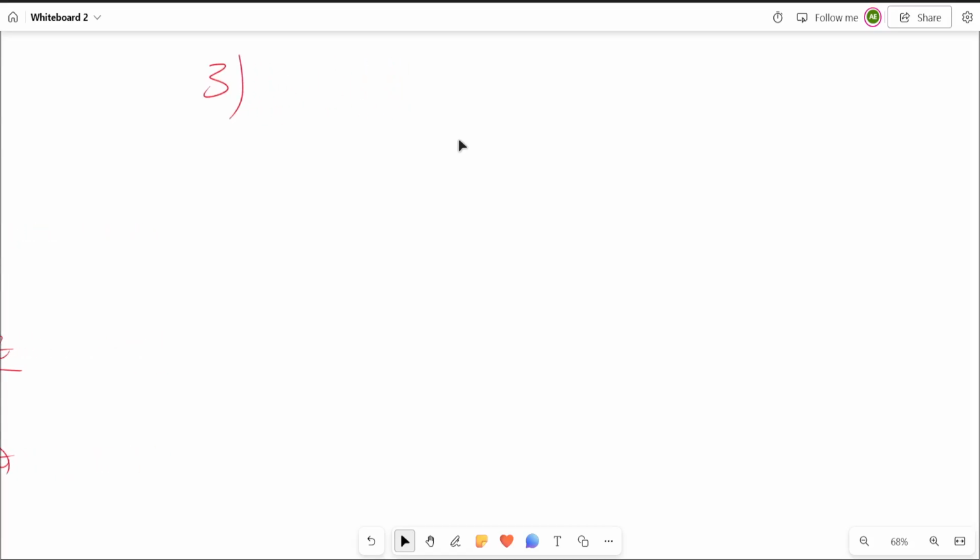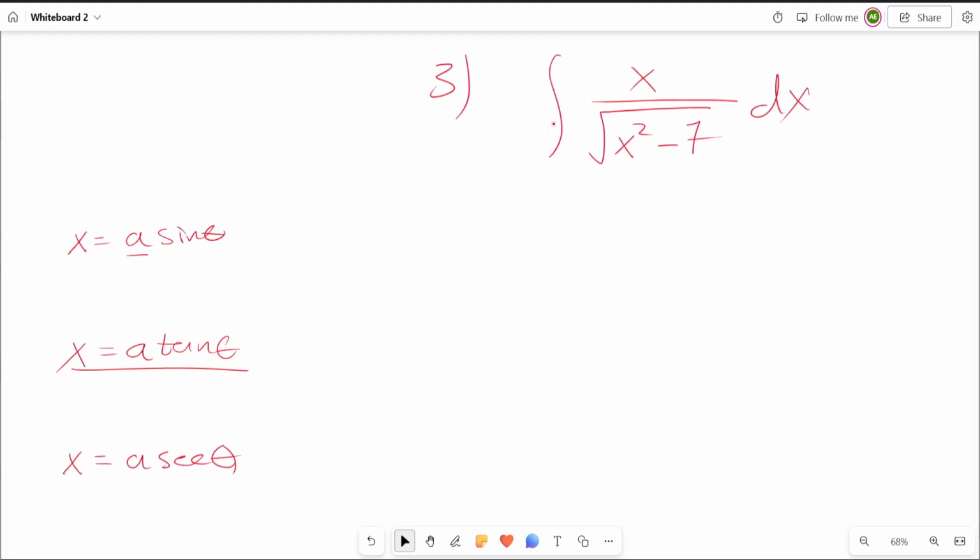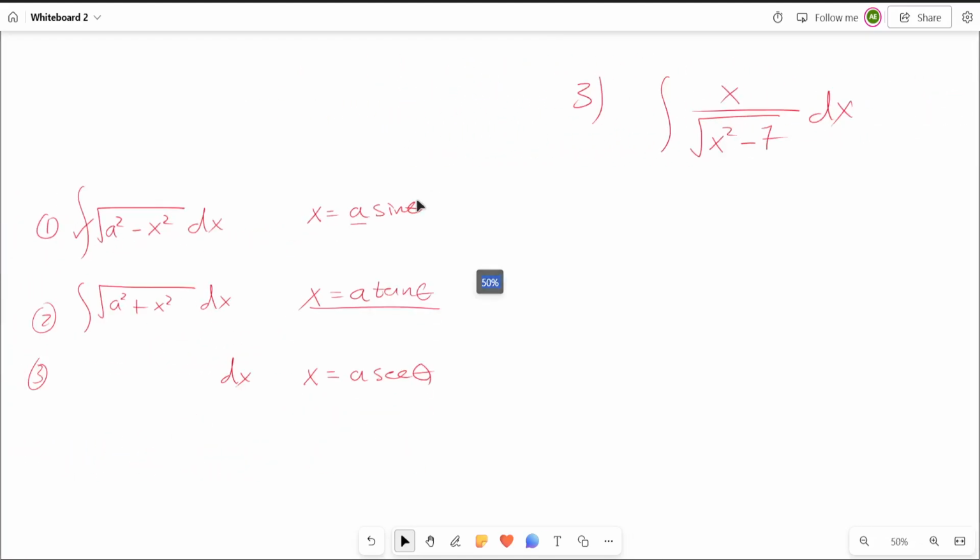So question 3 looks something like this. This is integration of x over square root of x squared minus 7 dx. So how does this look from our 3 scenarios?